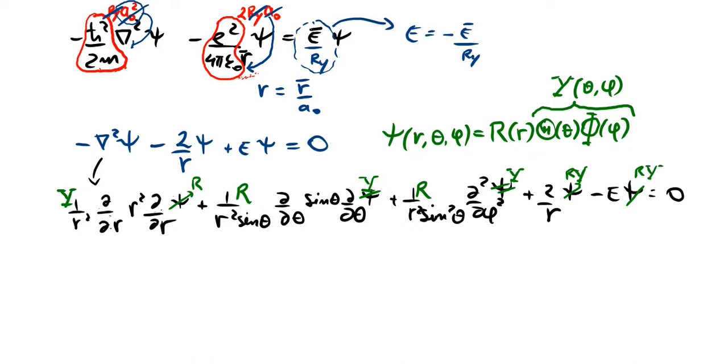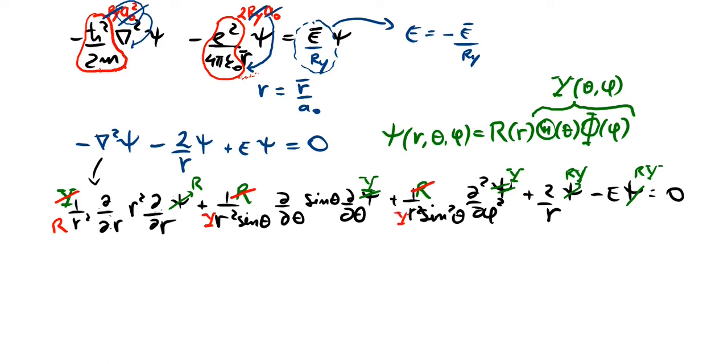So now the next step is to divide every term here by R times Y, or I multiply by 1 over R Y. If I do it like that, I will cancel this Y, and there will be an R here. Now here I will cancel this R, and there will be a Y here. I'll cancel this one, there will be a Y here.